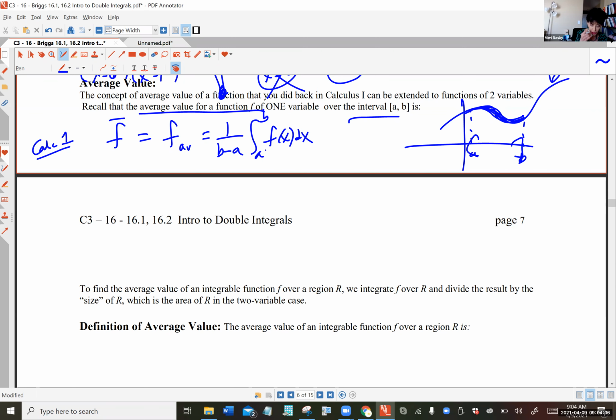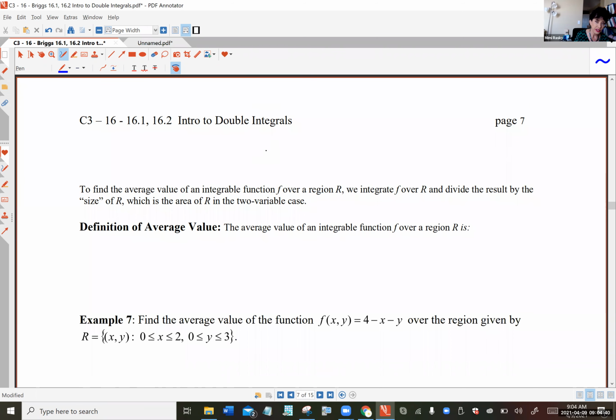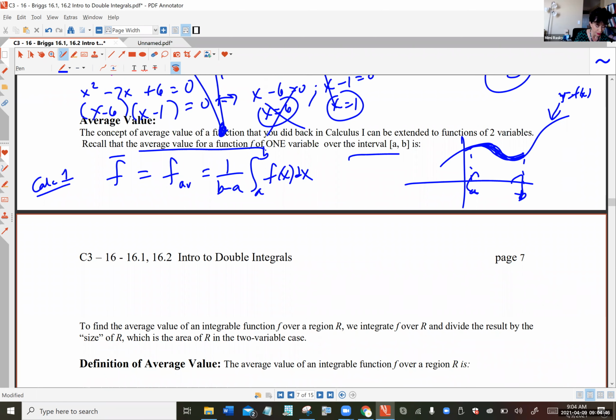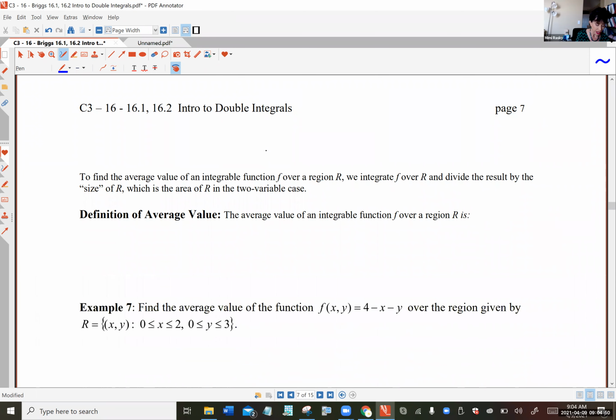The reason why I want to show you that first is there's an analogous average value for the average that a function of two variables is going to take on a region of integration. So the average value of f, where f looks like z equals f of x,y, is going to be defined as the following.